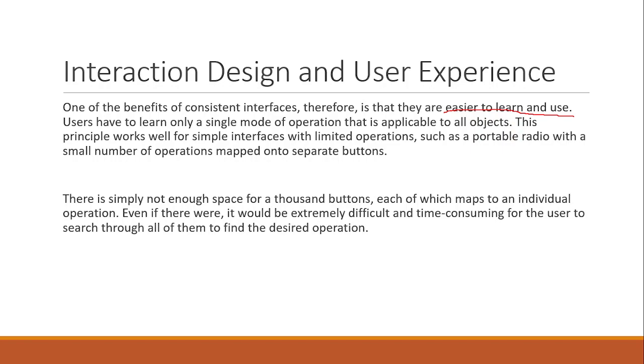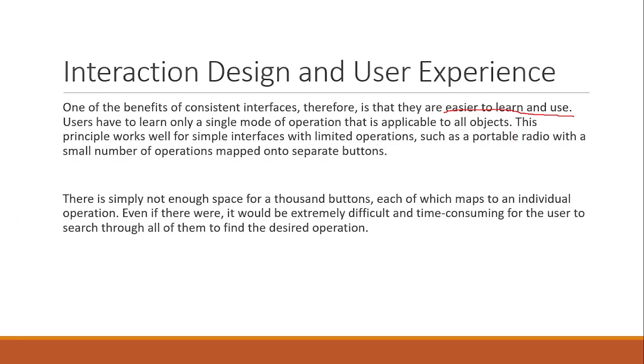However, it can be more problematic to apply the concept of consistency to more complex interfaces. So there is not enough space. In the radio example with many buttons, there is not enough space for 1,000 buttons, each of which maps to an individual operation.